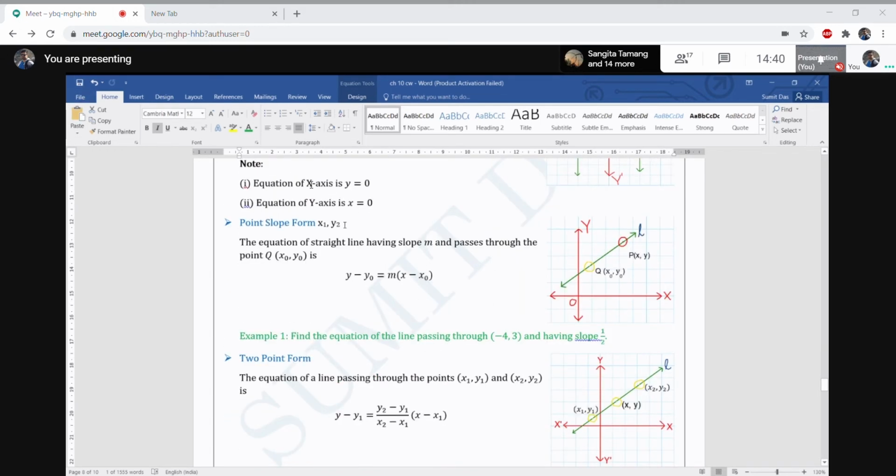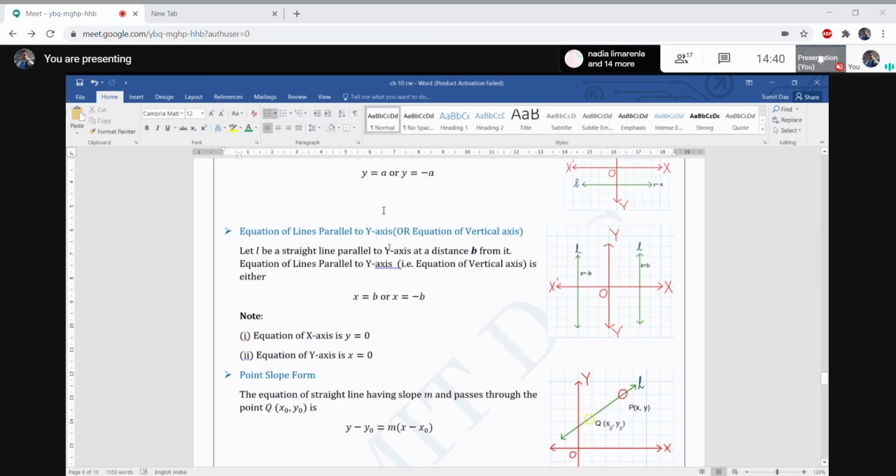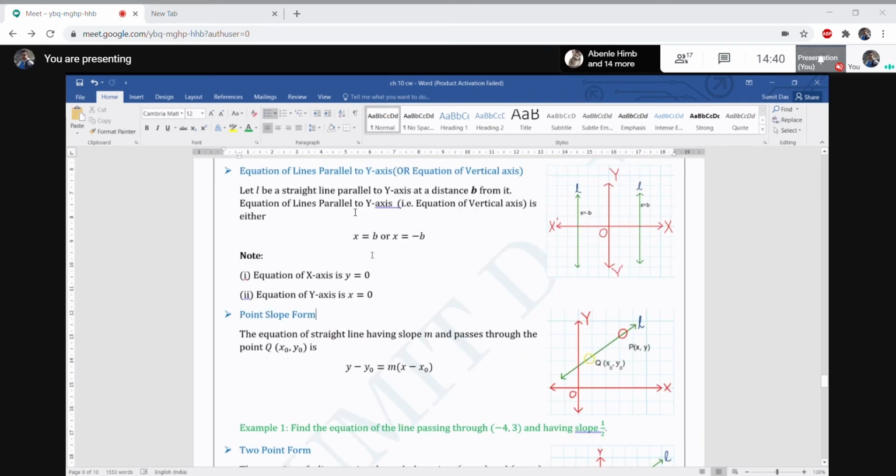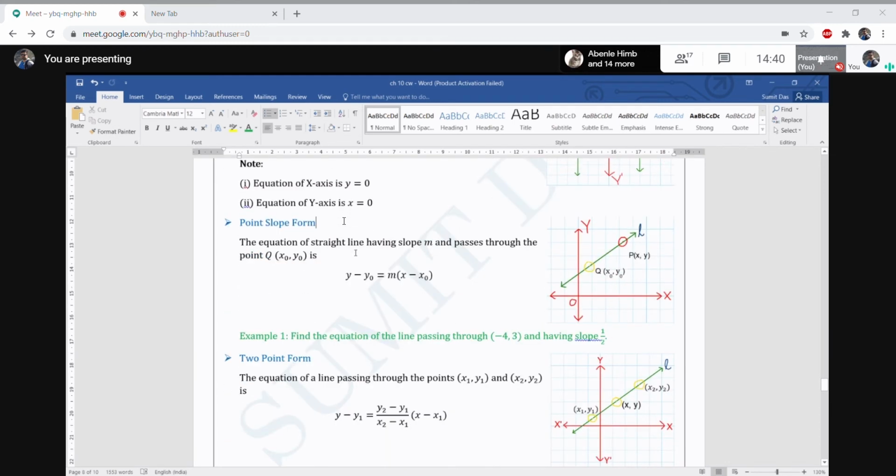Now a very important part is coming. I told you that we'll learn different forms, right? So the first form is actually, previously they are not exactly forms, they are just some conditions. Point slope form. What are these forms? Suppose in a question in this topic 3, we have to find the equation of the straight line.